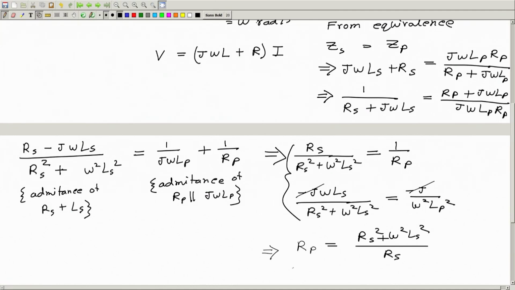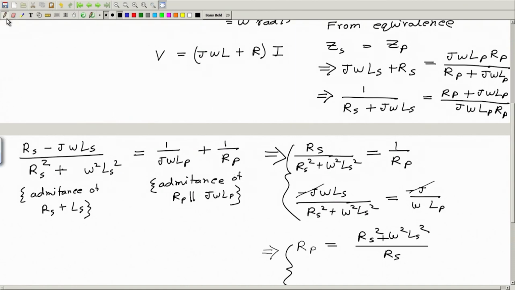And from here we can write Lp. I think there is no square there, right? So, this is j omega Lp.